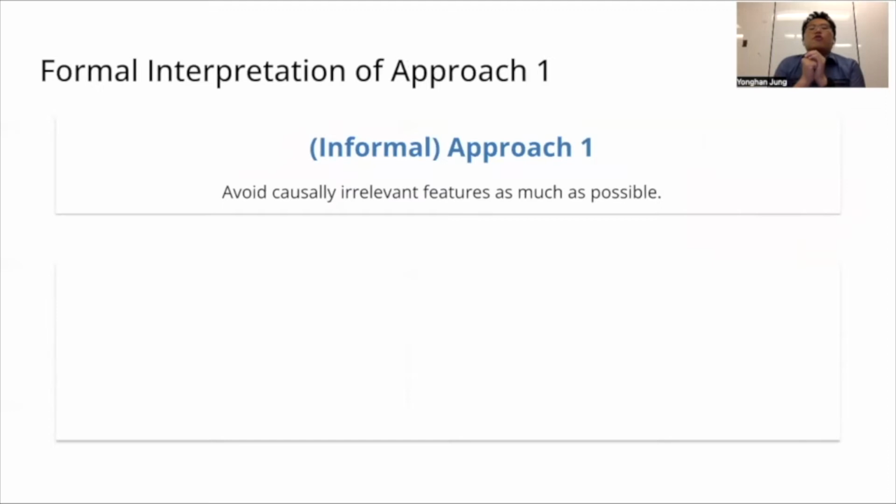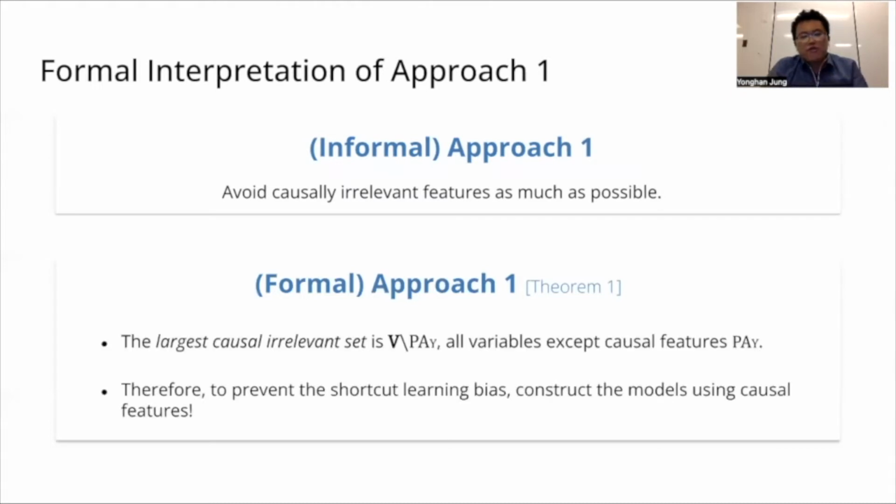Here is a formal interpretation of approach one, which states that we have to avoid causally irrelevant features as much as possible. First of all, the largest causally irrelevant set is V minus PA(Y), which is all variables except the causal variables.